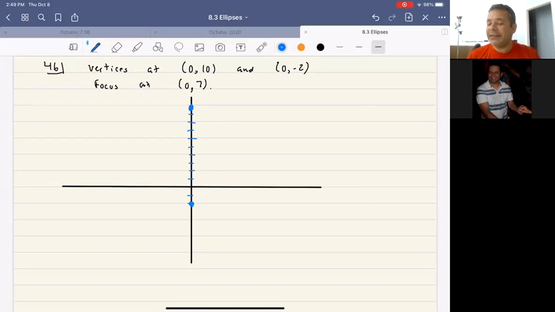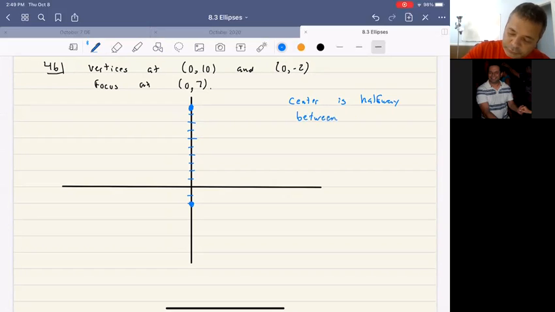Well, one thing is that the center should be halfway between the vertices, right? Okay, so if I do that, then it's going to be at 0, 4. All I'm doing is 0 for the x, 10 minus 2 is 8, divided by 2 is 4. So the way I've drawn it, that's going to put my center here.